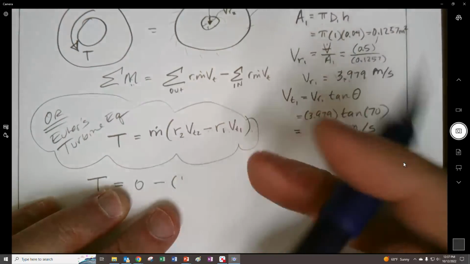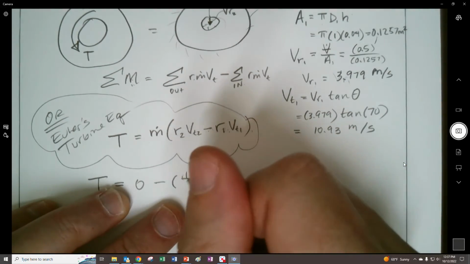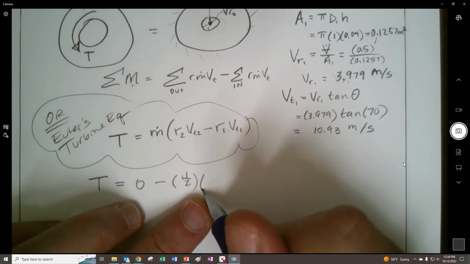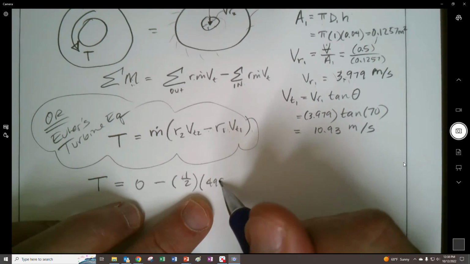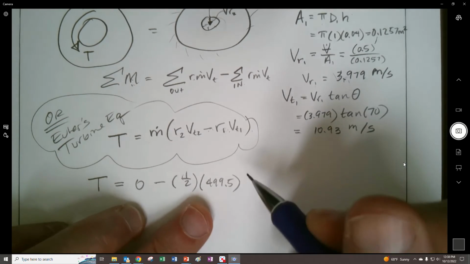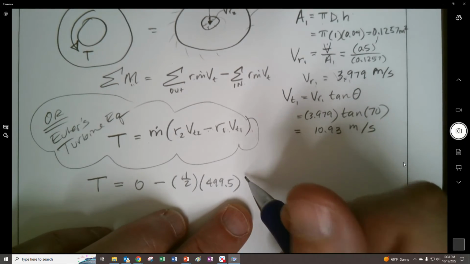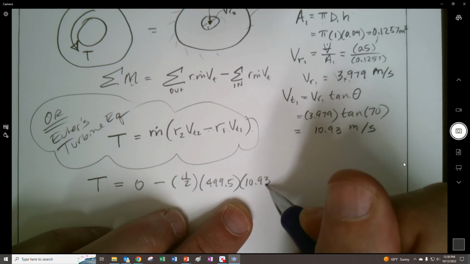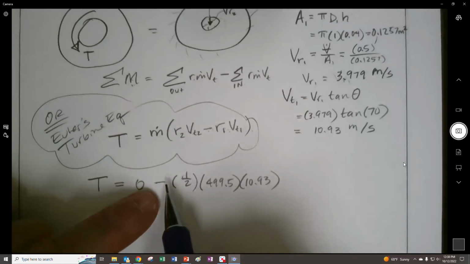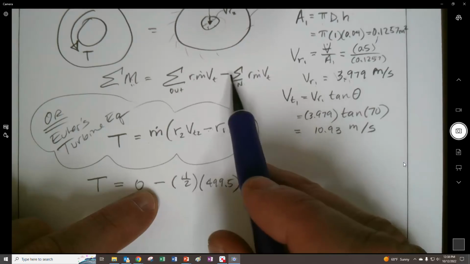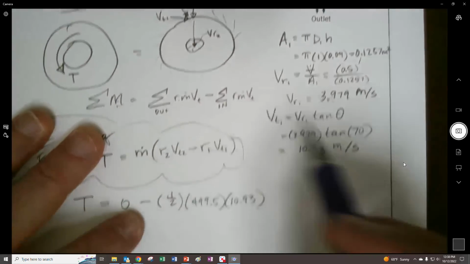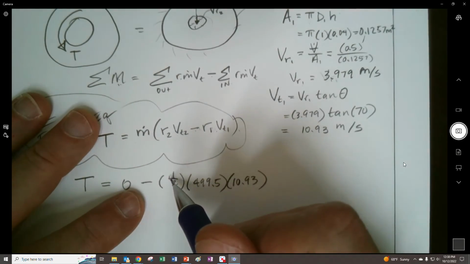Sorry, I'm trying to think my way through there. 1 divided by 2. And the mass flow we found up above is 499.5 kilograms per second. And the velocity we just found to be 10.93. And I just said that because it's negative because it's going in there, but it's negative here because it's a negative moment right there.